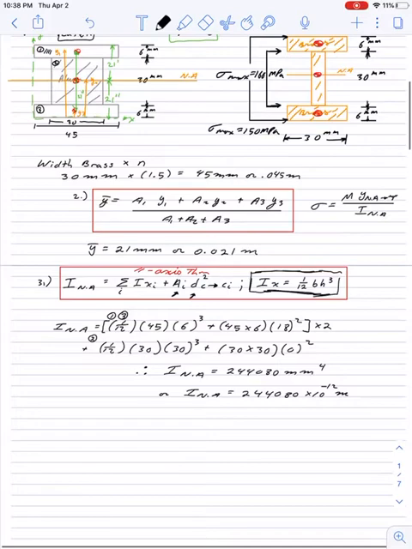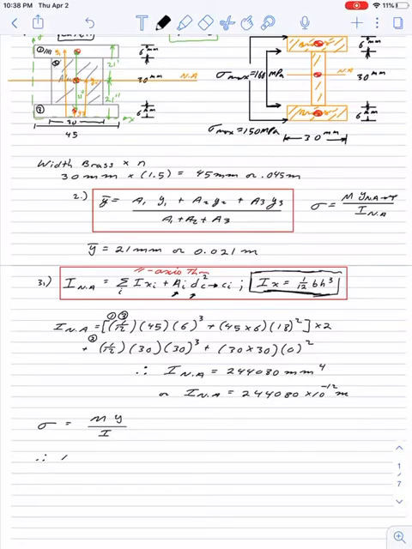And now it's time to find the maximum moment that we're able to have. So remember that this is the formula for stress induced by a moment.